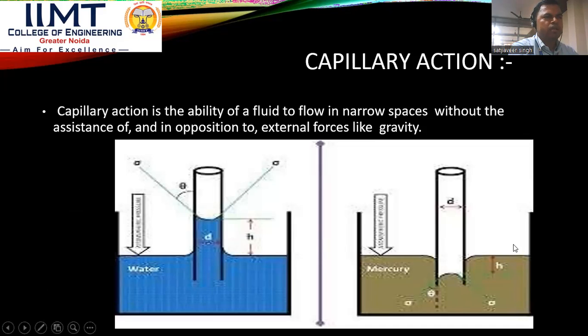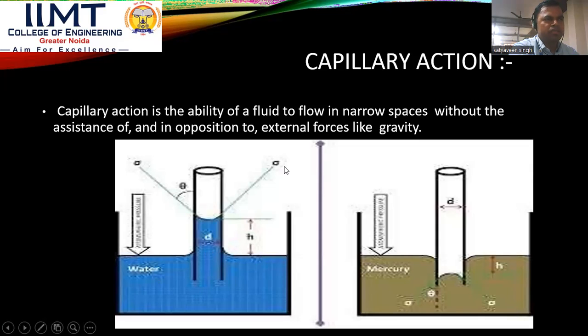We have two figures here. In the first case, we have a vessel in which we have inserted a glass tube, called the capillary tube, of small diameter. When we dip this capillary tube in the water, there is a rise of water of height h.